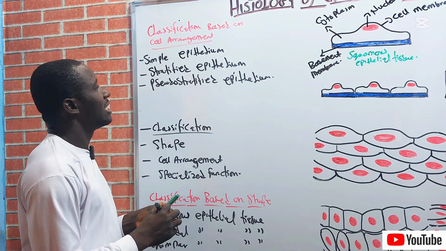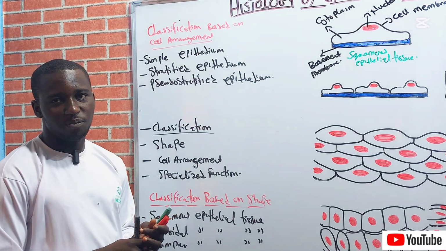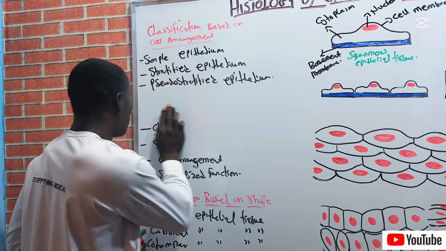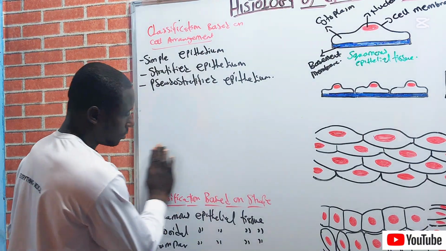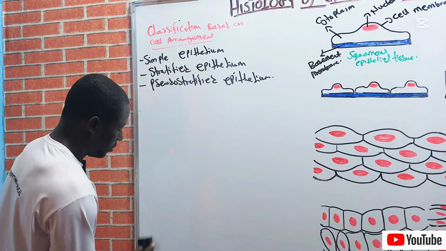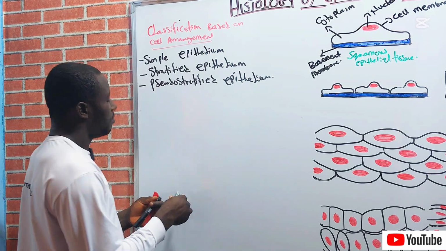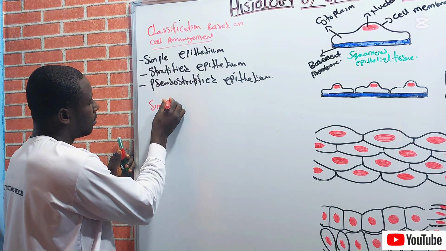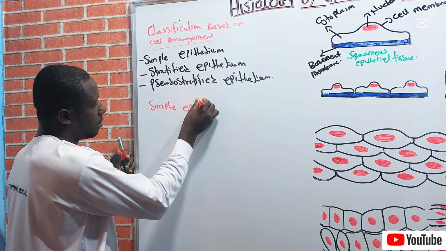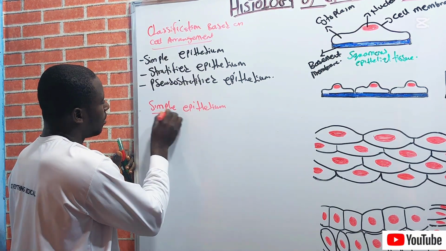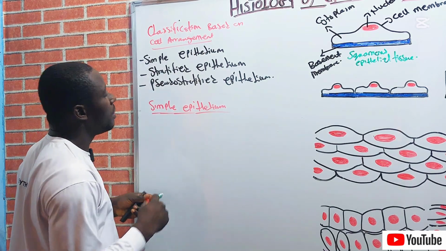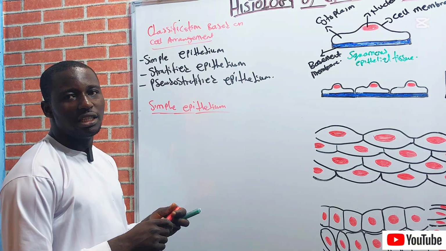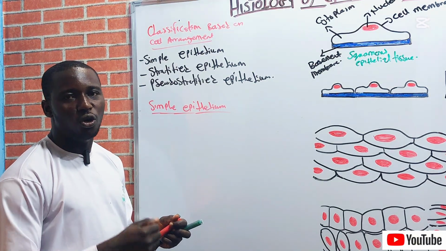So these are the classification based on cell arrangement of epithelial tissue. So we'll be discussing them one by one. Let's start with simple epithelium. On simple epithelium, it is being classified into three.